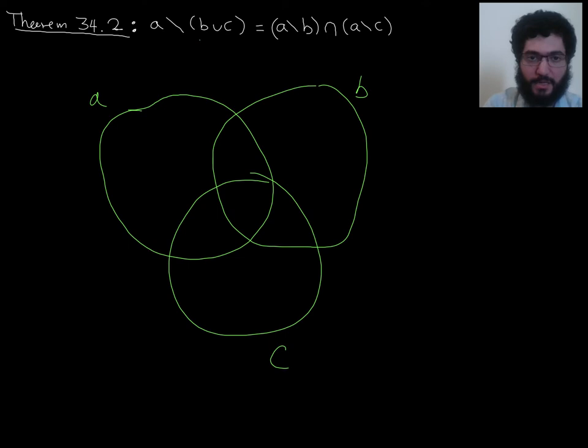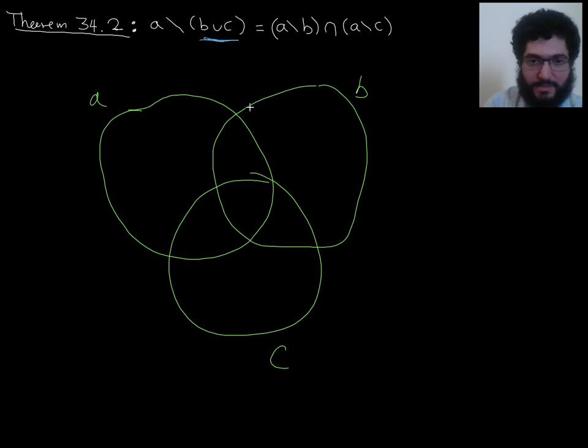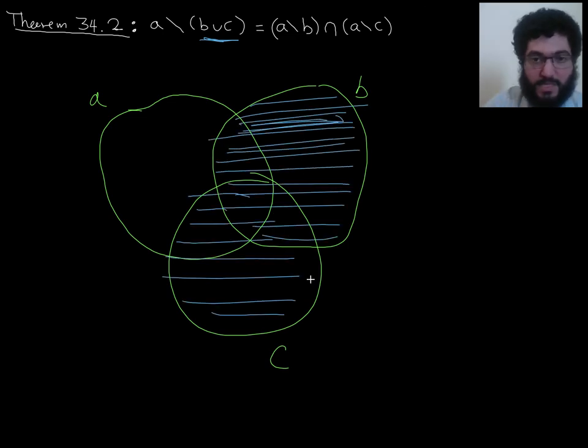Actually, let me keep the colors. So B union C can be like that. And then let's do A without B in green.